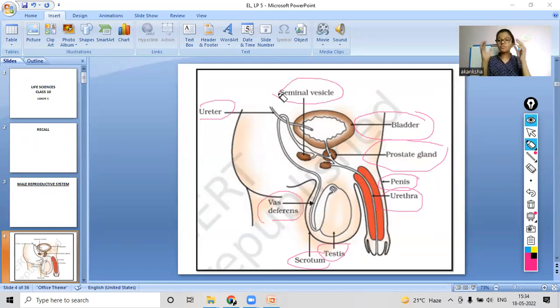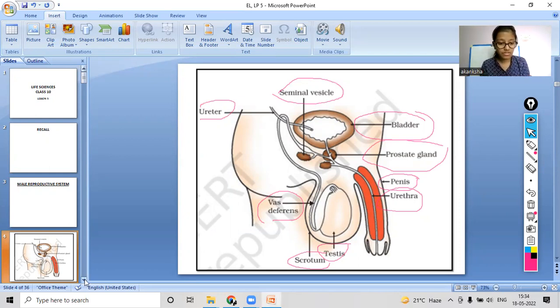These are the different organs that together complete the whole reproductive system.